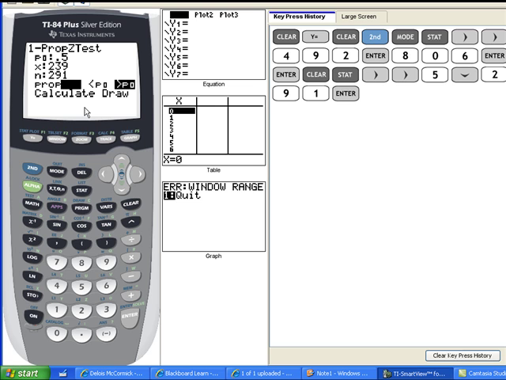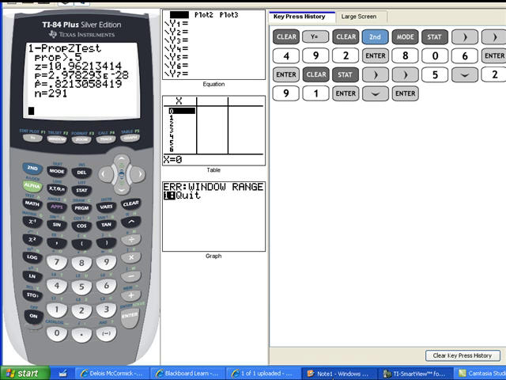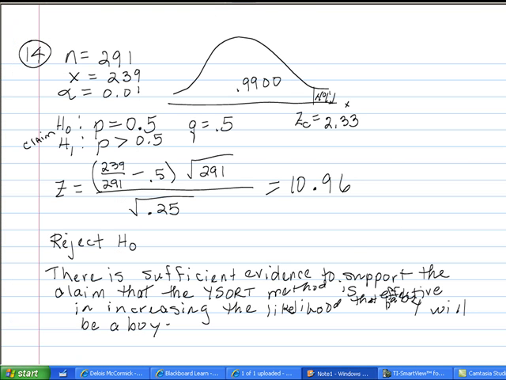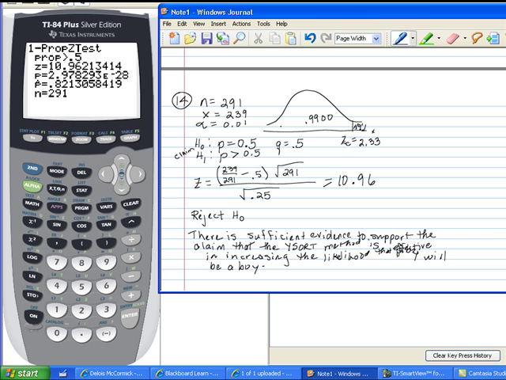Okay, again, let's compare this to what we have in our notes that we just did. All right, so here's our alternative hypothesis. 10.96 is our statistic. We can see that's there. Our p-value is extremely small. Look at that. It's 27 zeros and then 2.